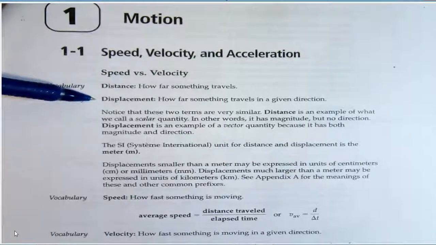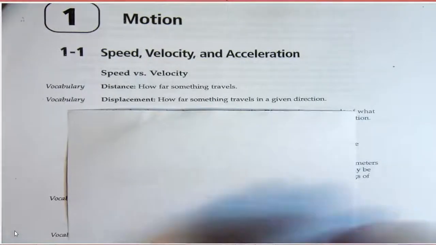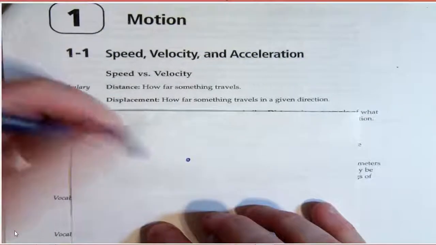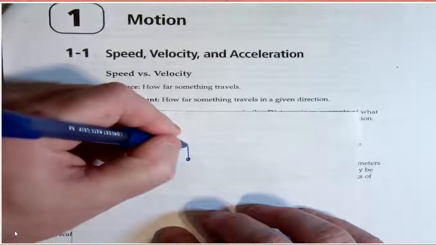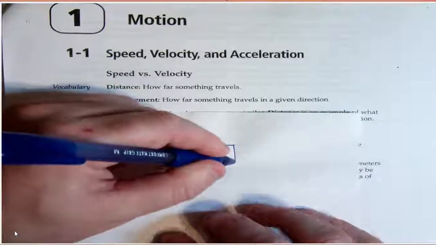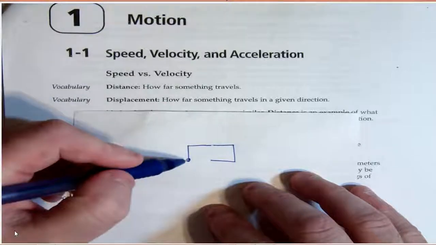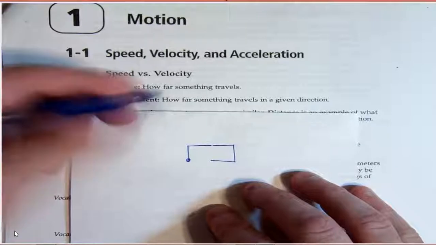Displacement is how far something travels in a given direction. So this is a little bit different. In order to understand that, let's draw something out. Let's say our house is here, and every line I make is going to be 1 kilometer. So if I go 1, 2, 3, 4, 5, my total distance is 1, 2, 3, 4, 5 kilometers.